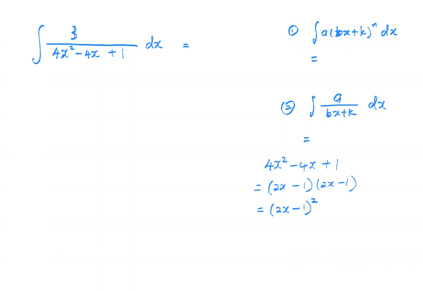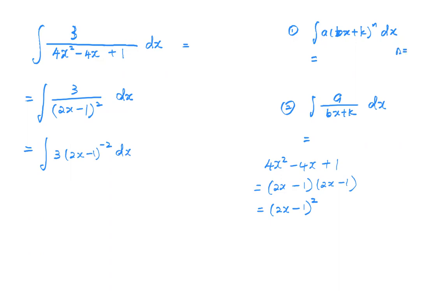Definitely number 2. So after I do this working at the side, I just write down this is equal to 3 over (2x minus 1) squared, dx. So this will be equal to integrate 3 (2x minus 1) to the power of negative 2 dx. This one is for the condition n cannot be negative 1.